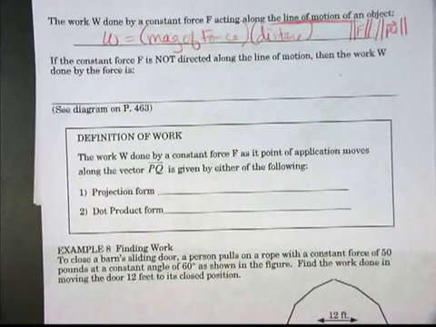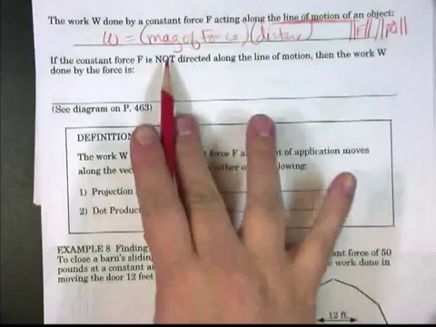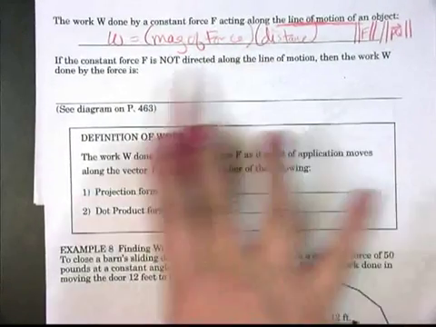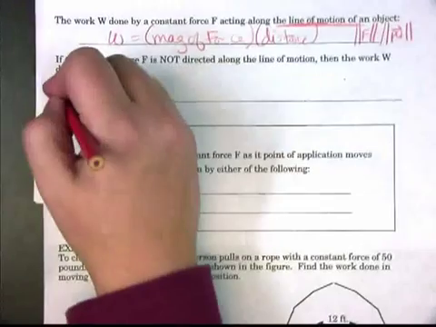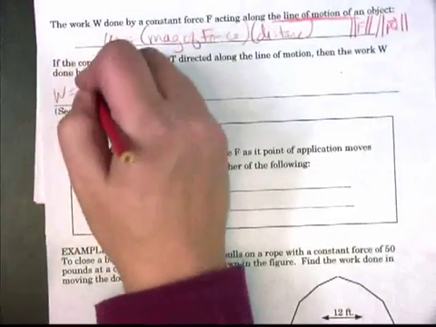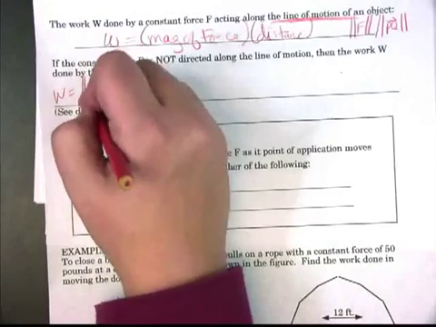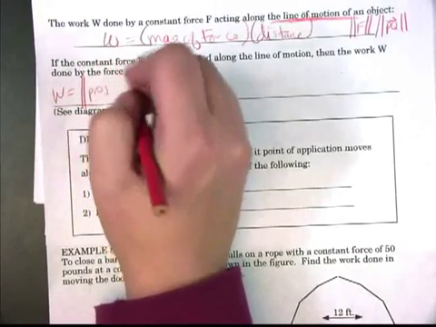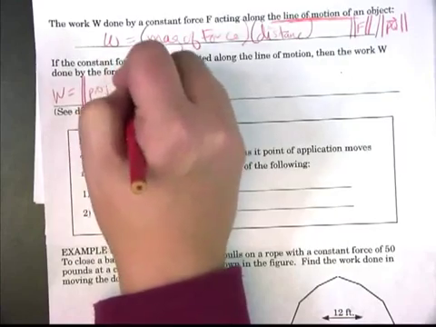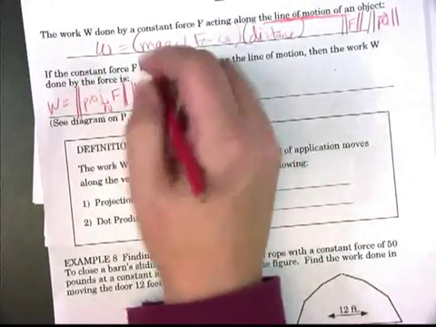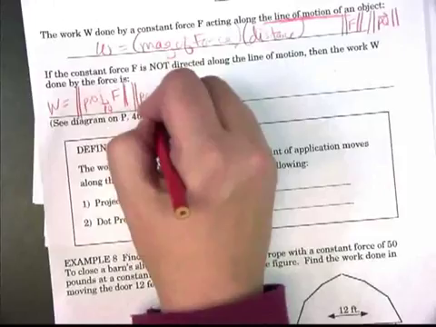So if the constant force is not on a line, then work is done by a different formula. Work is the magnitude or distance of the projection of the vector, of the force on the vector times the magnitude of the vector.